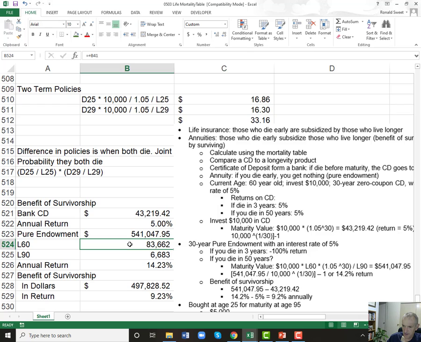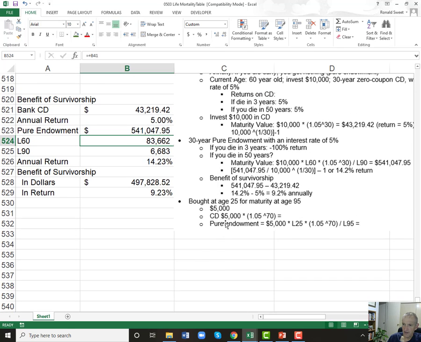So this is the product I like. If you expand the time, you buy it at 25 and go to age 95, and we saw some of that in the example problems we did, then you get a much huger payoff, because at 25 you have 100,000 people based on our table, and at 95 you're only going to have a couple of thousand people. So there's like a 50-fold.